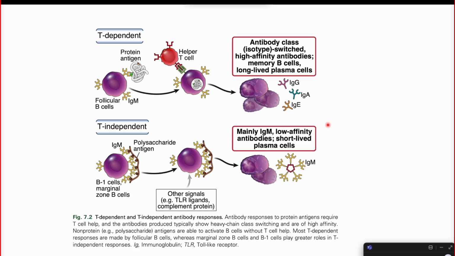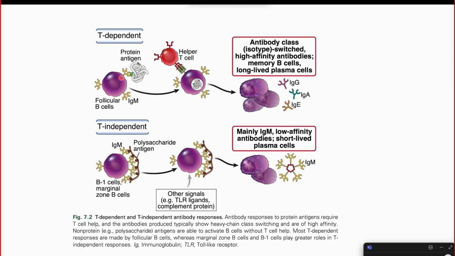Now, as I have mentioned earlier, there are T dependent and T independent antibody responses. In the overview of the T dependent antibody response, the follicular B cells which we just saw will have IgM, which is a surface receptor of the B cell and is not secretory in nature.